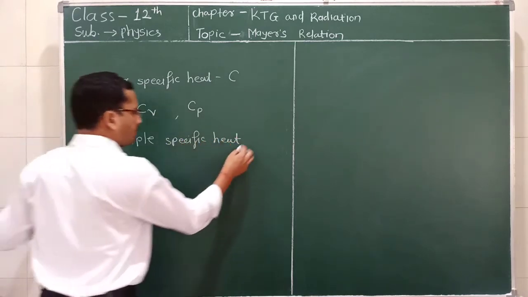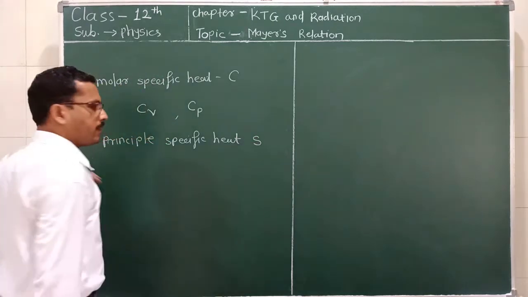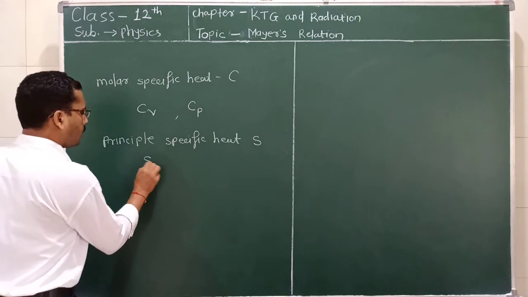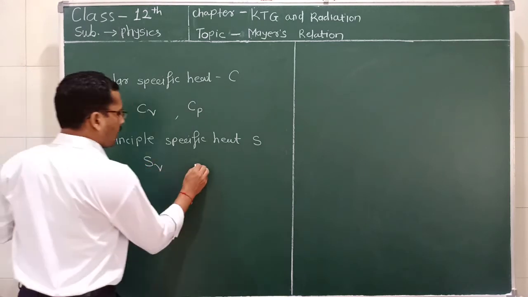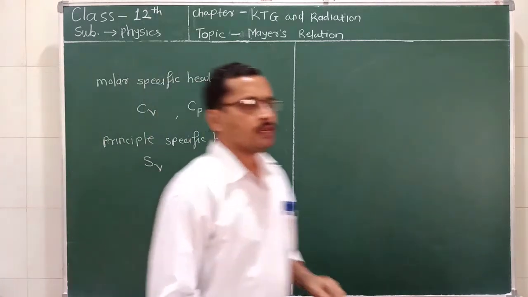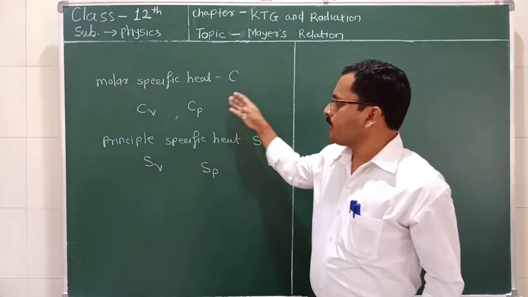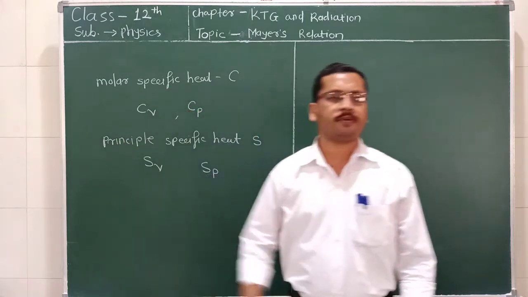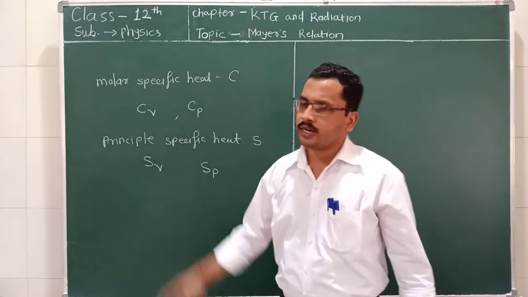This principal specific heat is denoted by the letter capital S. At constant volume we write Sv, and at constant pressure we write Sp. So, these are the two main specific heats of gases: molar specific heat and principal specific heat, and they are also divided into two parts.